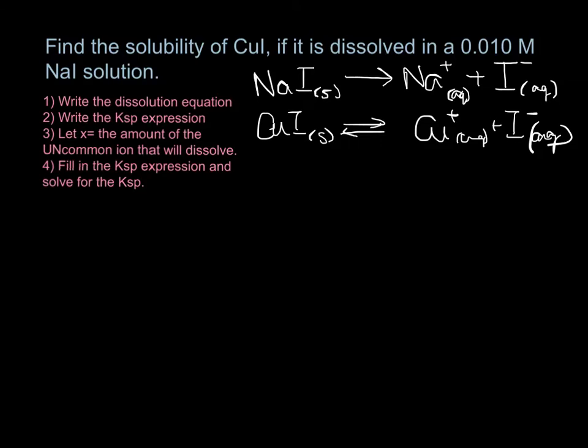So I'm going to write my KSP expression for the copper iodide. So KSP is equal to the concentration of Cu times the concentration of I minus. Now I've looked up the KSP for this, and the value is 1.8 times 10 to the negative 14.